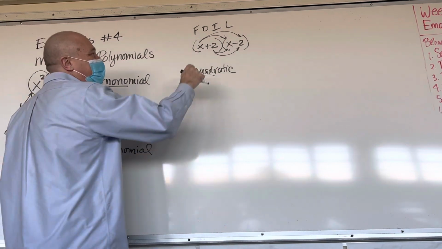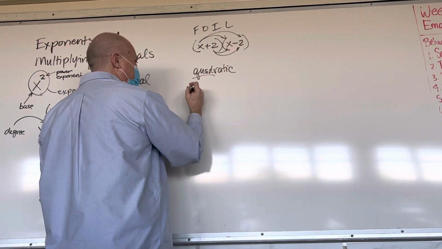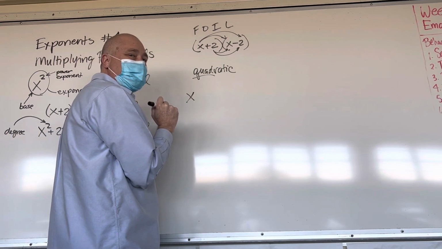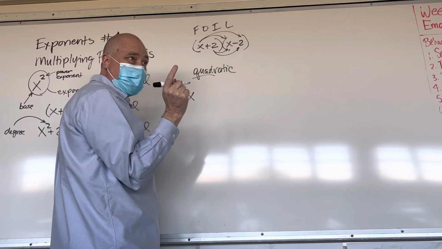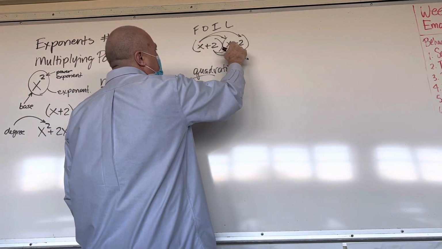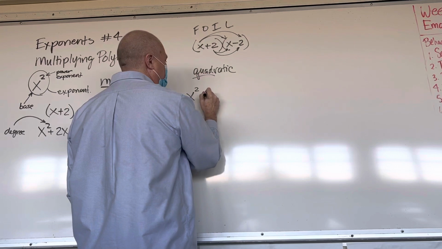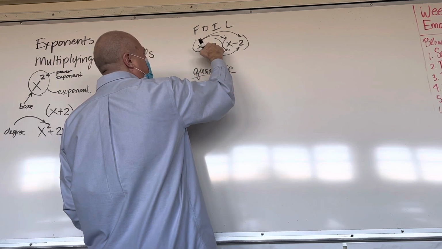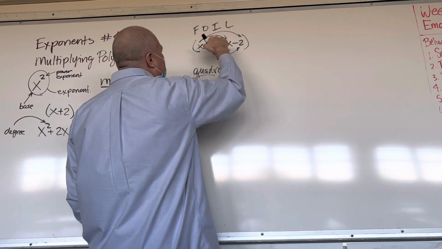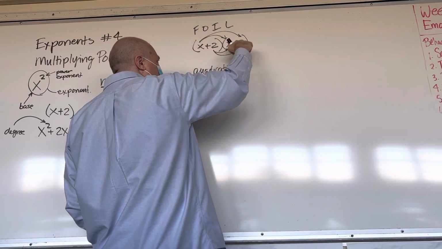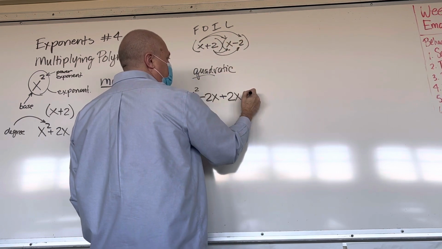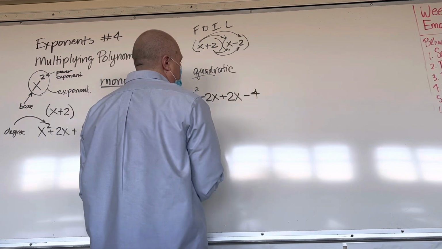If we multiply this, you get x times x, which is x to the power 2. Outside, negative 2 times x is a negative 2x. Inside is a positive 2 times an x, so plus 2x. Last would be these two terms, so positive 2 times a negative 2 is a negative 4.